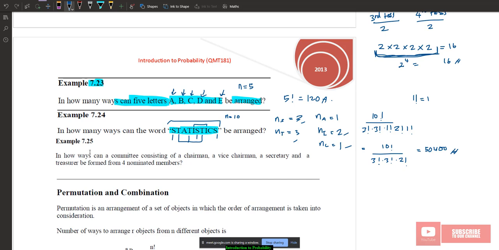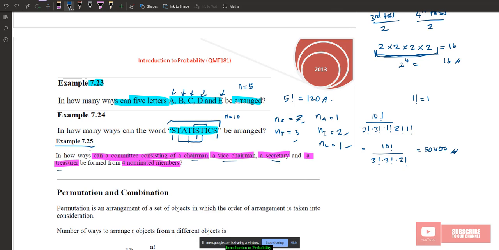Okay, now the last example, number 7.25. In how many ways can a committee consisting of a chairman, a vice president, a secretary, and a treasurer be formed from 4 nominated members? Right. So basically, you have 4 different positions: chairman, vice president, secretary, and treasurer.